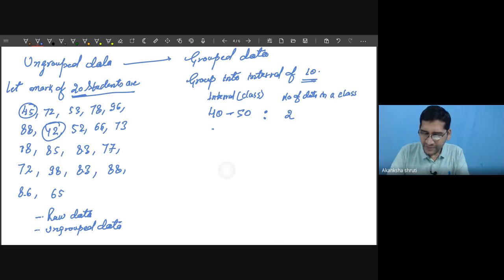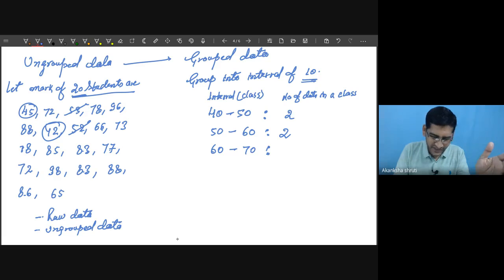Next, we consider 50 to 60. Here 53 is there, then 52 is there, only these two, so 2. Go for 60 to 70. How many students are getting marks between 60 to 70?